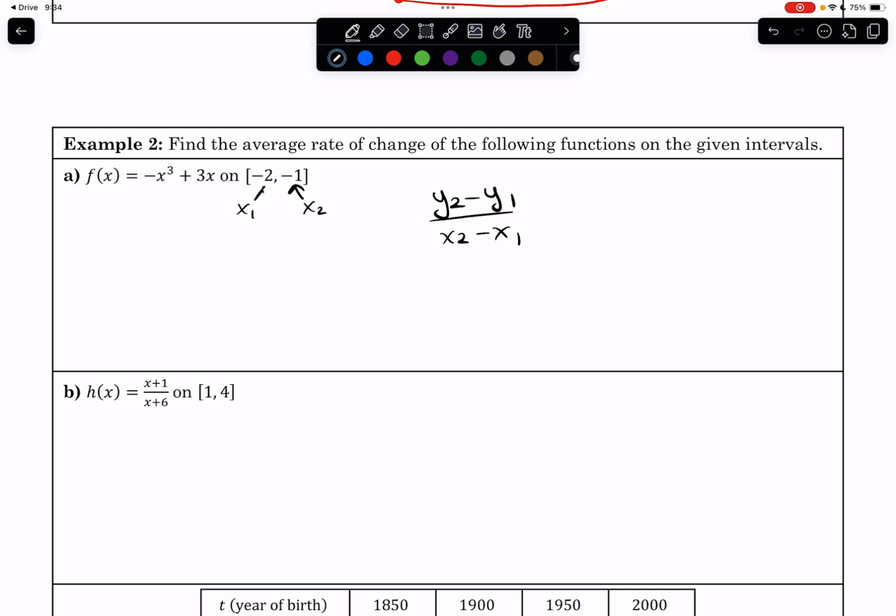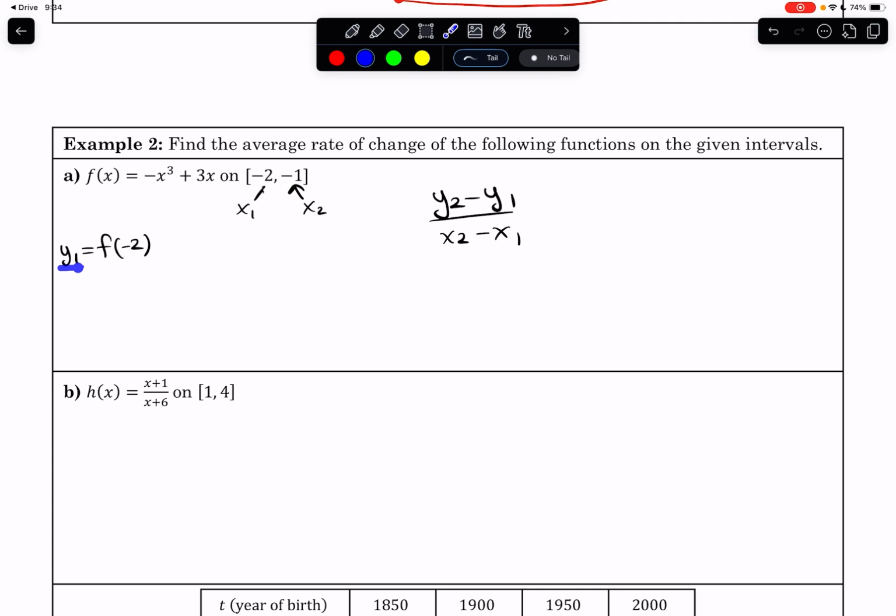What I don't know is what the y2 and the y1 are. So in order to figure out the y1 value, we're going to plug in for x the x1 value of -2. So for our function f, we're going to figure out what f of -2 is, because remember, y equals f of x. And to figure out the y coordinate, we're simply going to replace x with these values here and figure out the corresponding y coordinate.